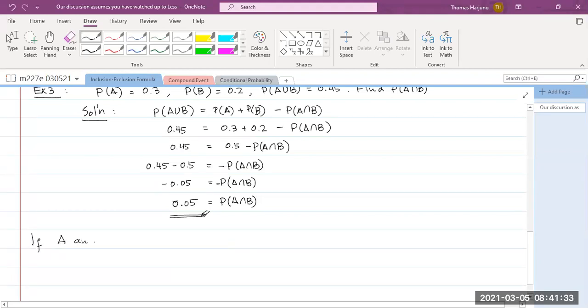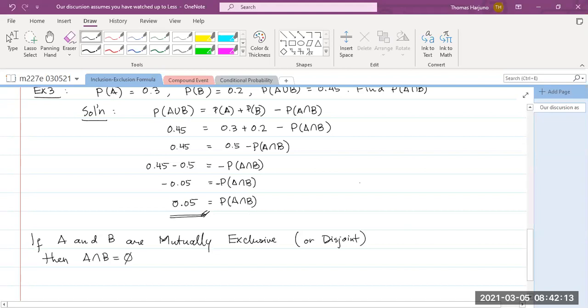Let's look at some variations. If A and B are mutually exclusive, in other words, disjoint, then A intersection B is the empty set. Right? That's what mutually exclusive means.